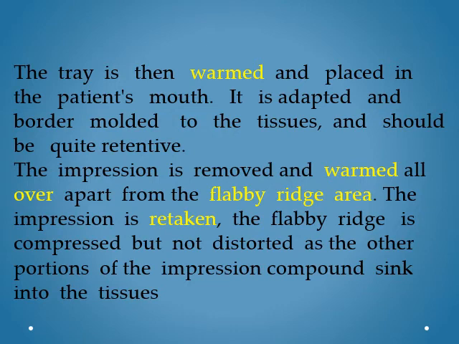We do denture molding. The impression is removed and warmed all over apart from the flabby ridge area, and the impression is retaken. The flabby ridge is compressed but not distorted as the other portions of the impression compound sink into the tissue.